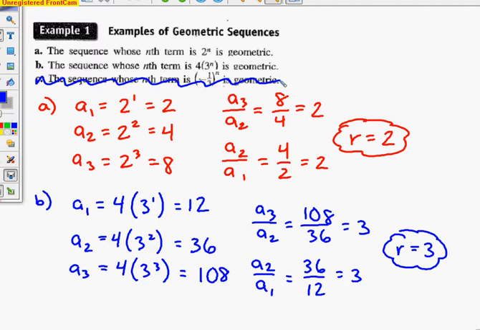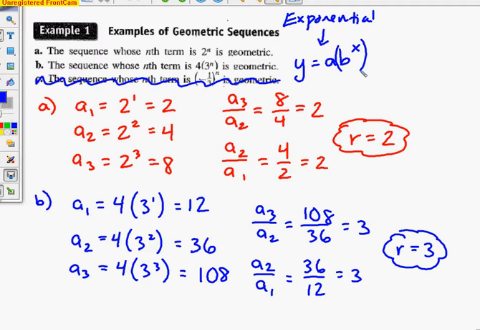So now let's talk about some structure again. So we said that geometric means exponential. So if you look here, an exponential function has the general form y equals a b to the x. And again, this b is only raised to the x. So sometimes you see the b to the x in parentheses. So what is the common ratio in terms of that exponential?